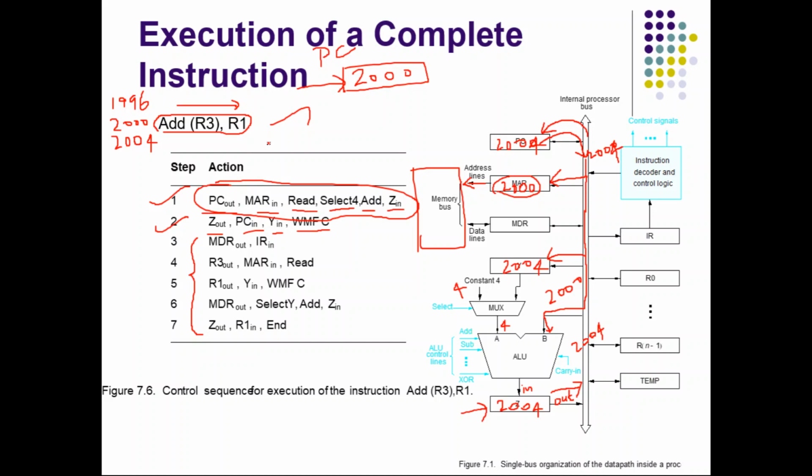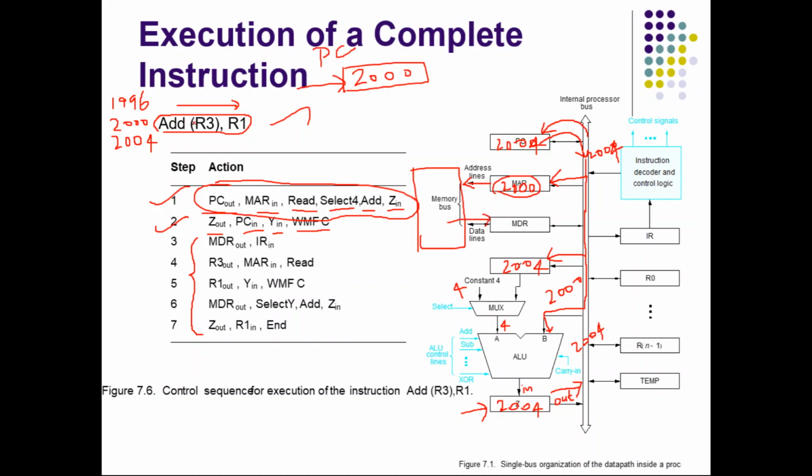Once it is completed, that instruction is supposed to go to the instruction register, but it won't go to the instruction register first. MAR gave the address 2000, saying I want whatever content is available in 2000. That content will first be transferred to MDR.